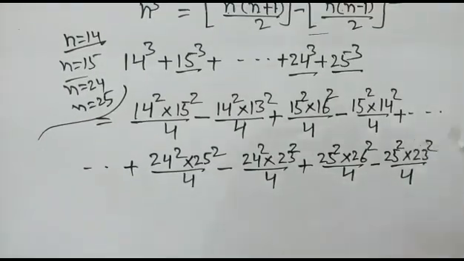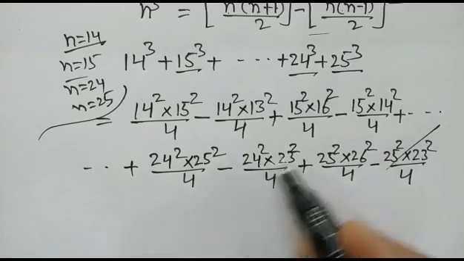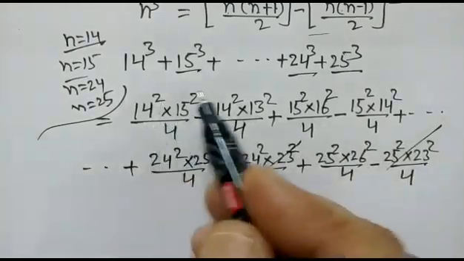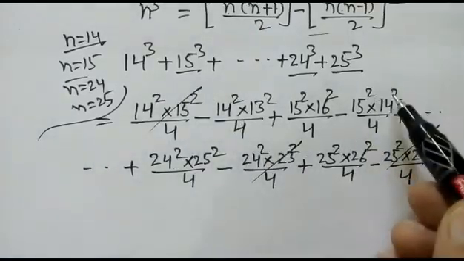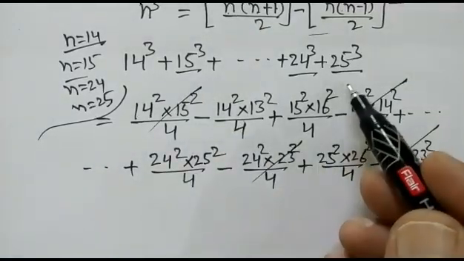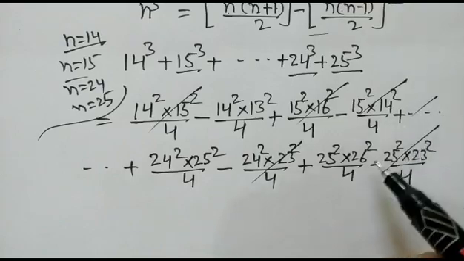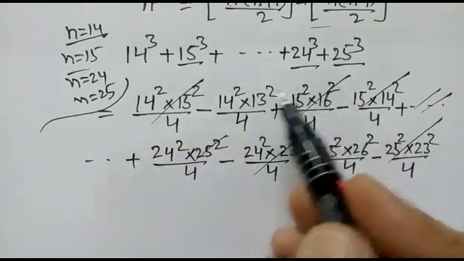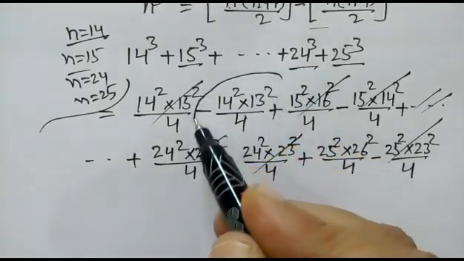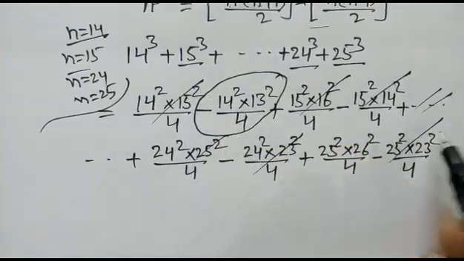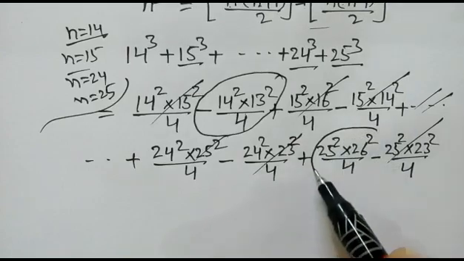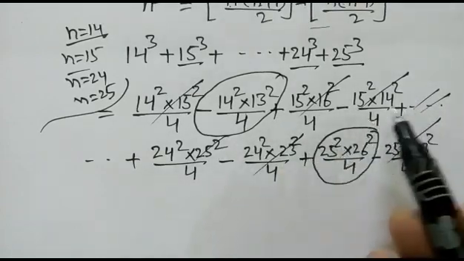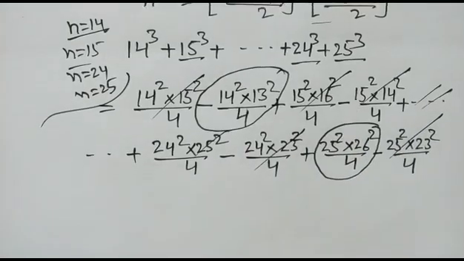Now this and this will get cancelled out, and this will get cancelled out. So these parts also will cancel out by middle terms. So only this part and this part will remain, and all the other parts will cancel out by each other.